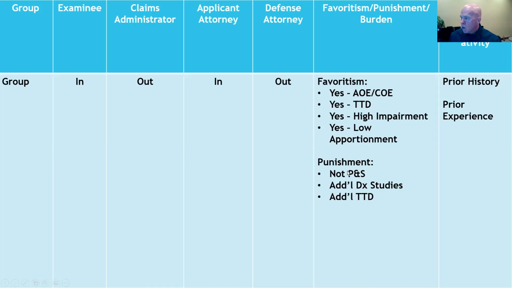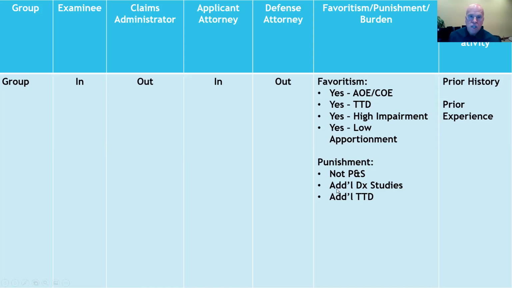Well, what about the punishment? What about the punishment for the out-group? The punishment for the claims administrator, punishment for the defense attorney is a finding of perhaps not permanent and stationary. Some finding that allows the examinee to continue to receive benefits when perhaps they actually don't qualify for additional benefits.